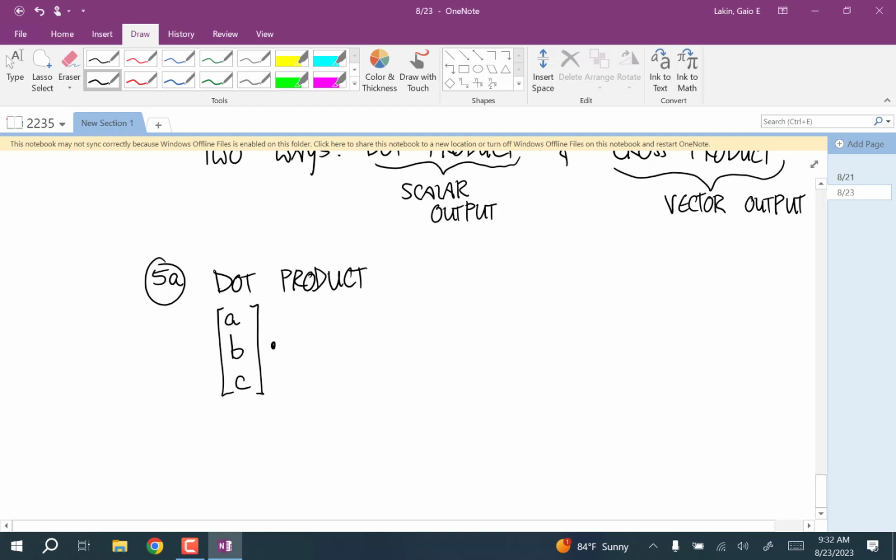The dot product of a vector ABC times a vector DEF is an X component AD, a Y component BE, and a Z component CF.